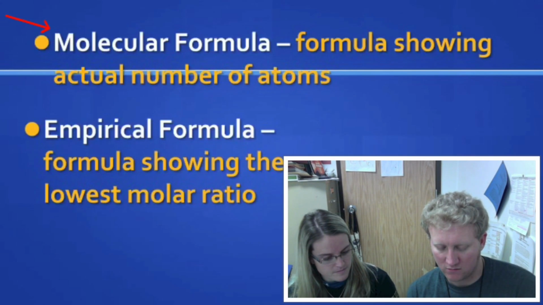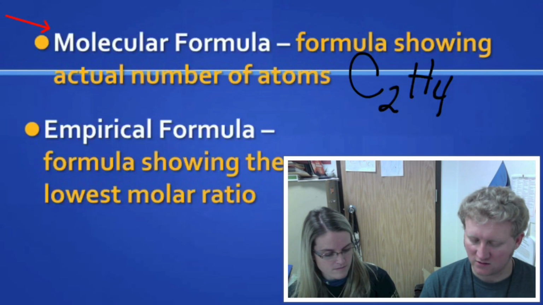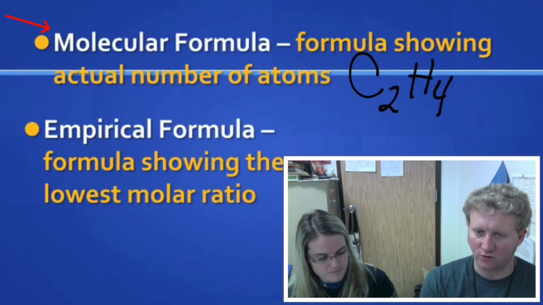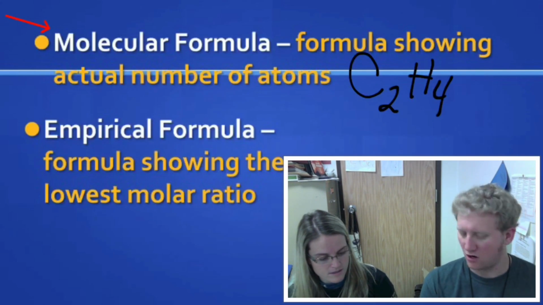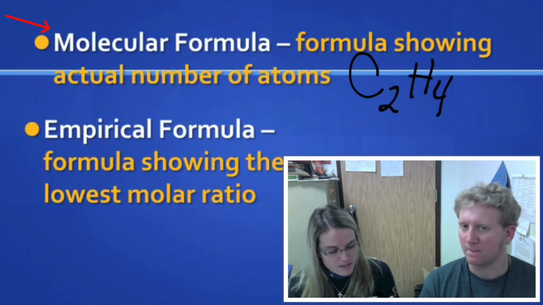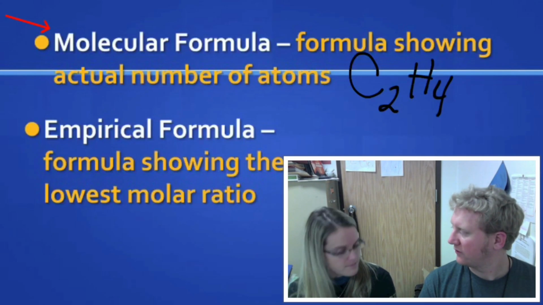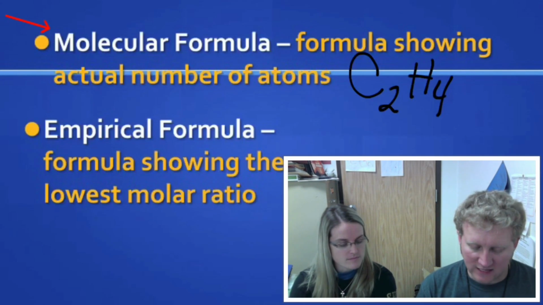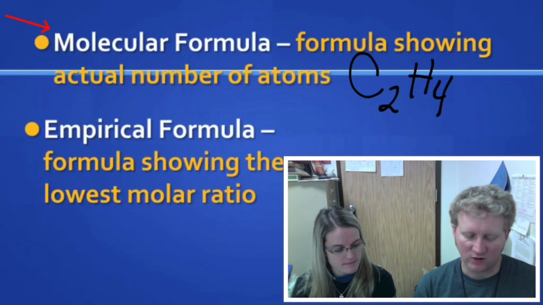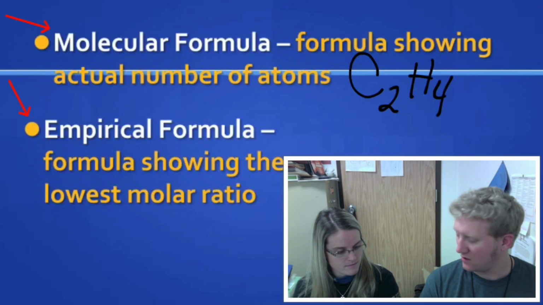So if we've got something like that, that would be the molecular formula, because that is actually how many carbon atoms and how many hydrogen atoms we have in that substance. If I could look at it, I would see 2 carbons and 4 H's. Yes.